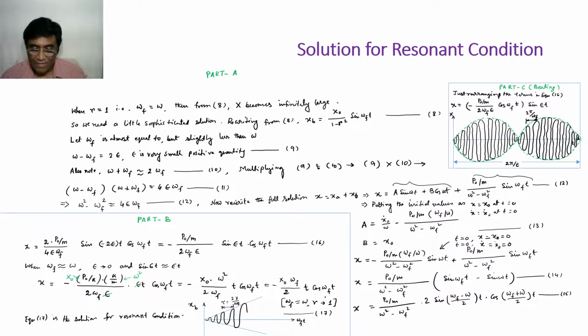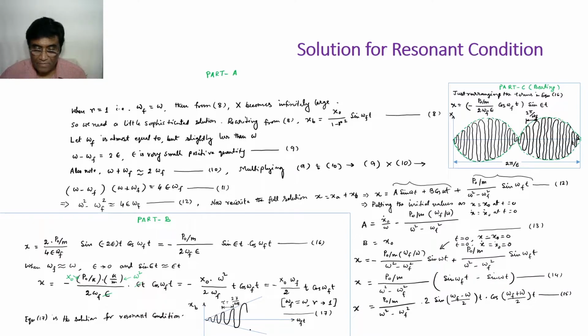And see how interesting the shape of the response is. When you are exciting that mass spring system with a forcing frequency which is almost equal to the system's natural frequency, it is not that the amplitude of oscillation becomes momentarily infinitely large; instead this is the envelope.